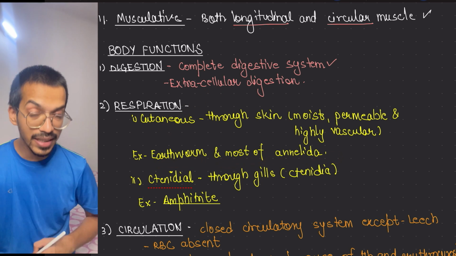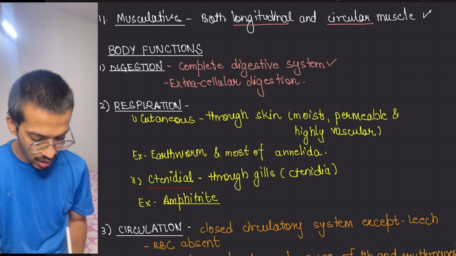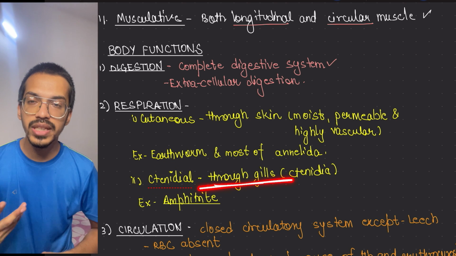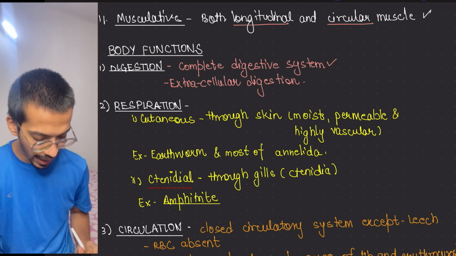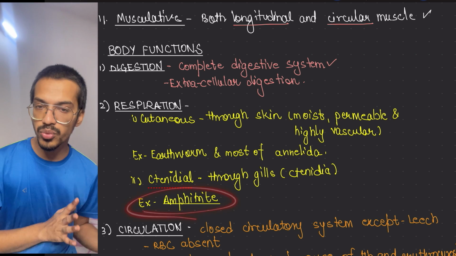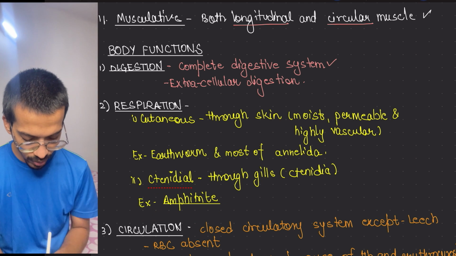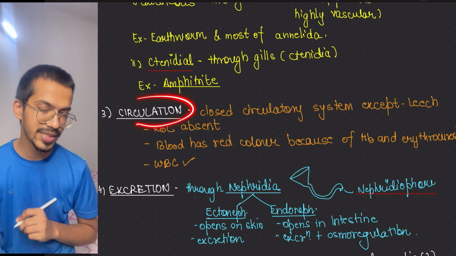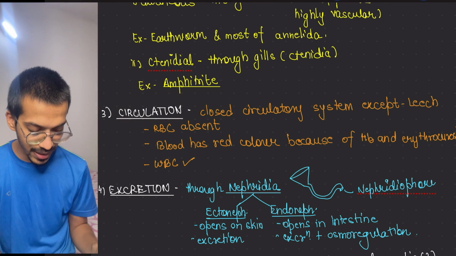Then comes the ctenidial type, that is through the gills, so gill-like structures are present, as in Amphitrite. Okay, next comes the circulation. They have a closed circulatory system, meaning blood vessels, heart, blood, everything would be present, except the leech.